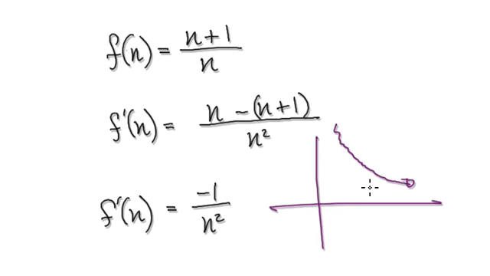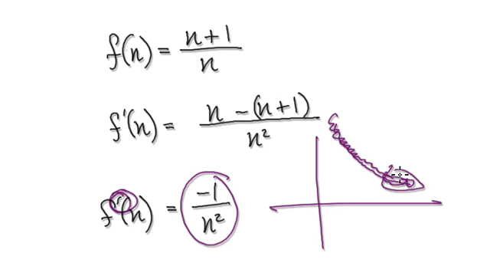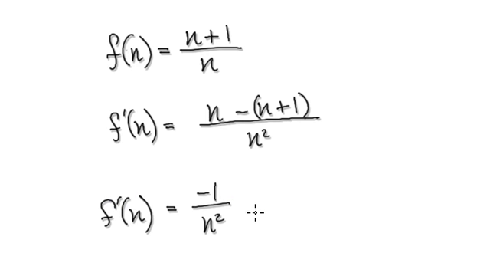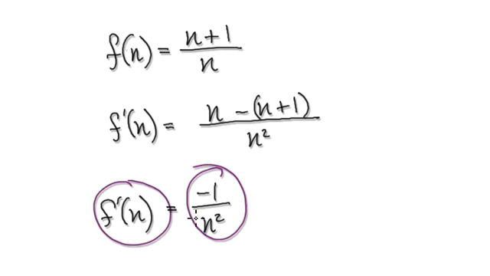It must be decreasing because the first derivative is always negative. If the first derivative is always negative, that must mean the function itself must always be falling. So it is monotonically decreasing because the first derivative is negative.